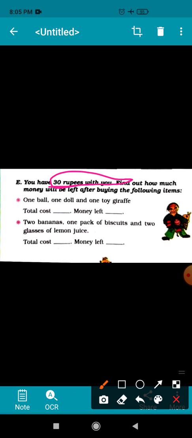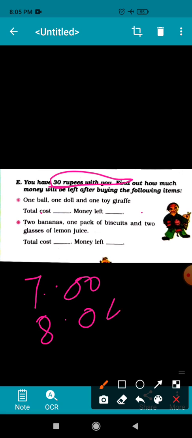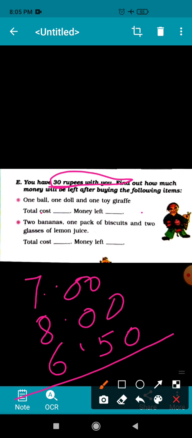Here you are buying one ball whose cost is rupees 7, one doll whose cost is rupees 8 and one toy giraffe whose cost is rupees 6.50. Okay, this much amount you have spent in buying all three items, right?